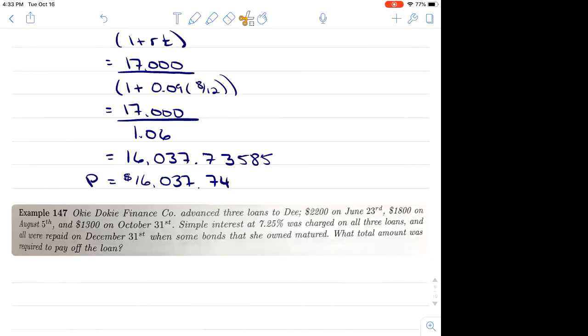So the first thing you're going to do for one of these questions is figure out how many dates we are talking about. We're talking about June 23rd, August 5th, October 31st, and then they were all repaid on December 31st. We have to have that on our timeline as well.